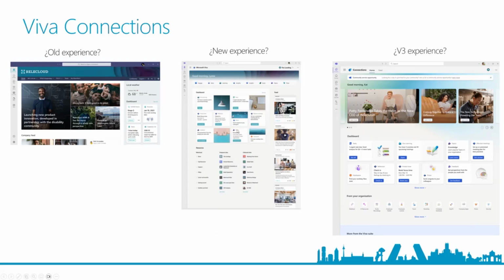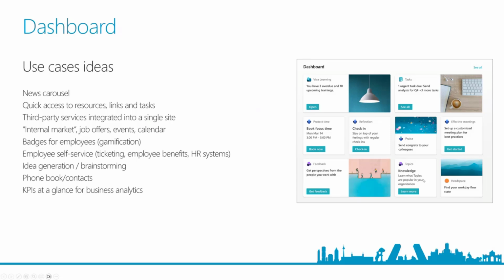The second version experience, it was a little bit nicer, and the third experience version, it's what we have today. It's a lot nicer. It has a lot of Fluent UI design on it, and yeah. So I will be talking about the dashboard and what we can do with that dashboard.